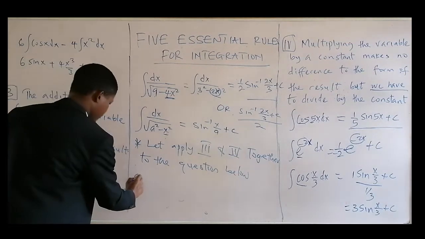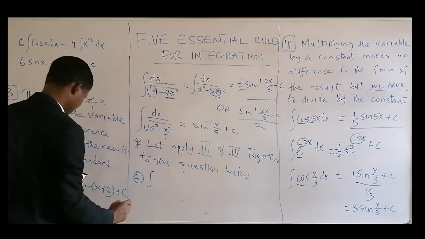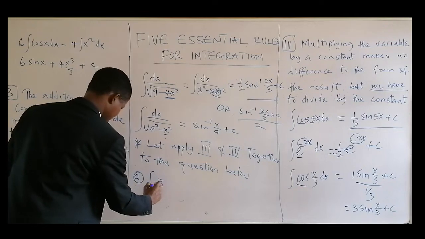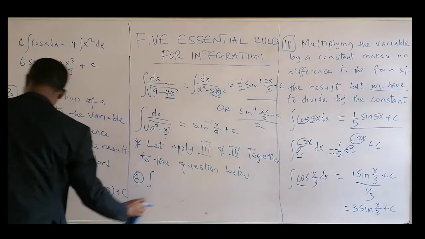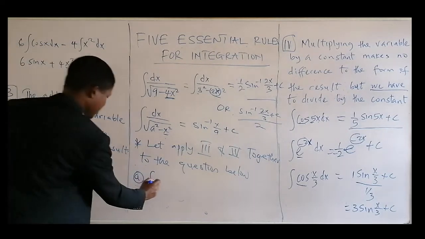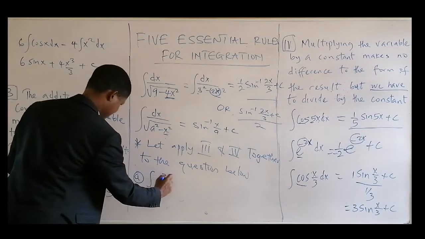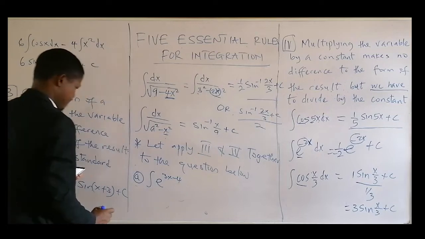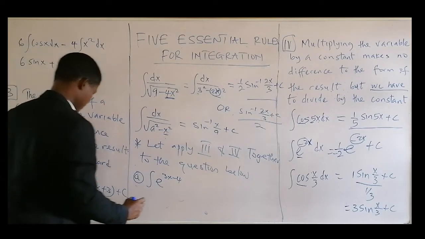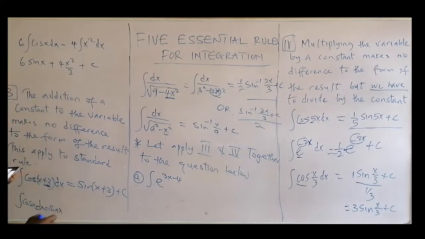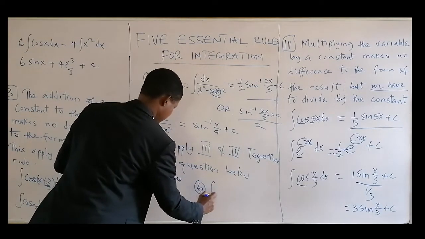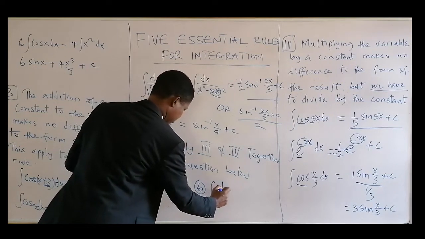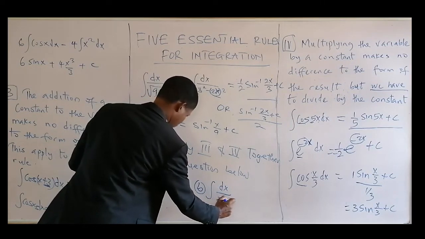A, the integral of e to the power 3x minus 4. That's 1. B, the integral of dx over 2 minus x.